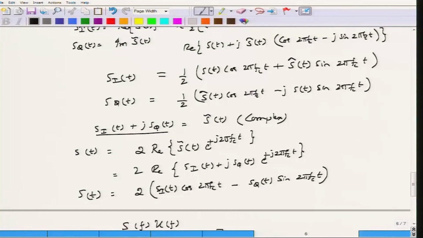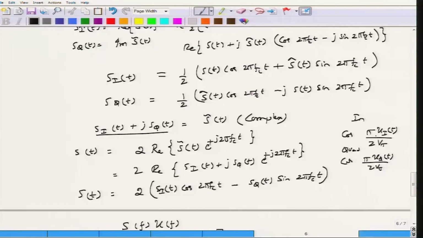So, those cos of pi u I of t by 2 V pi and cos of pi u q of t by 2 V pi are the in phase and quadrature components of the IQ modulator. These are the in phase and quadrature components.